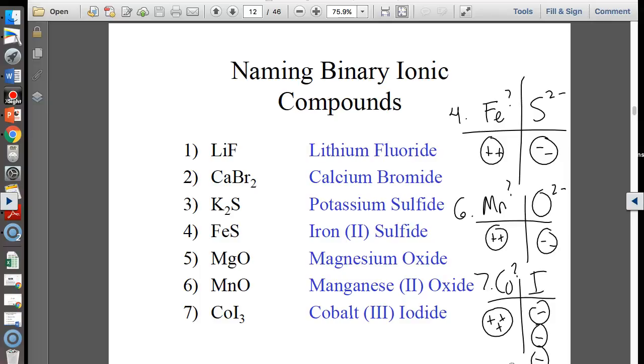Since you're going from the formula to the word, it doesn't really help you. It always is helpful to make sure that the words to the name are right. Alright, let's take one more minute.